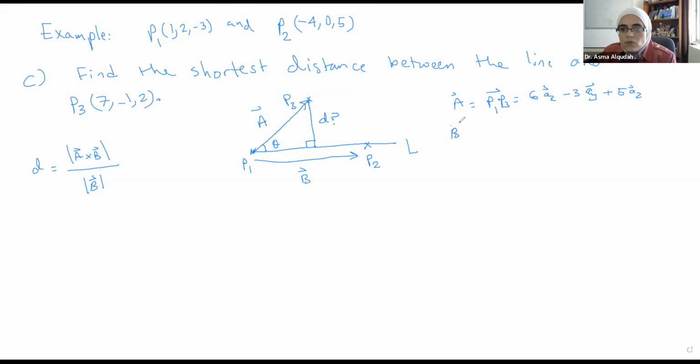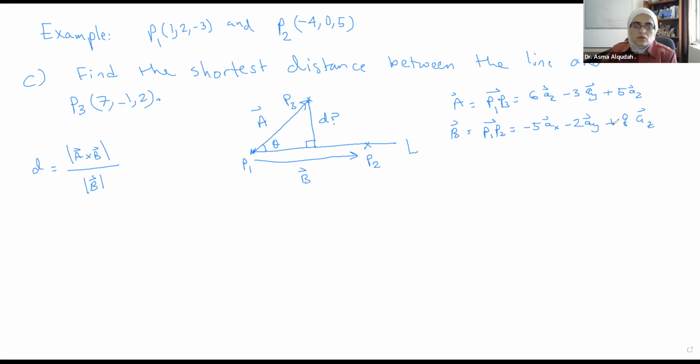And B is the vector from P1 to P2, which is minus 4 minus 1, minus 5 a sub x, minus 2 a sub y, plus 8 a sub z.